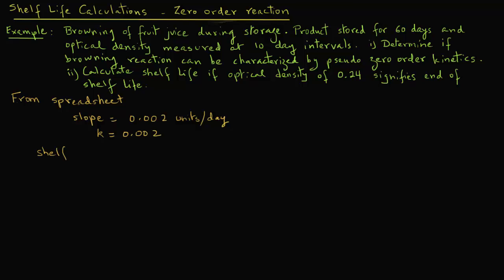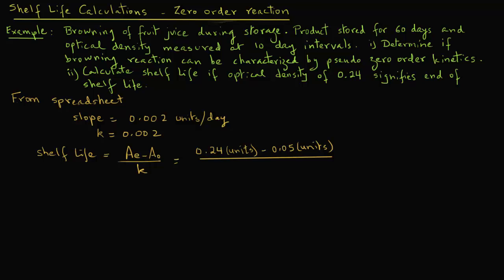Note from the tutorial for zero order reactions that the shelf life is given as AE minus A0 divided by K. Now AE is the concentration of the attribute. It could be concentration or let's say in our case optical density at the end of shelf life, and that in the problem is stated as 0.24 minus A0, where the A0 value was the initial optical density, which was 0.05.